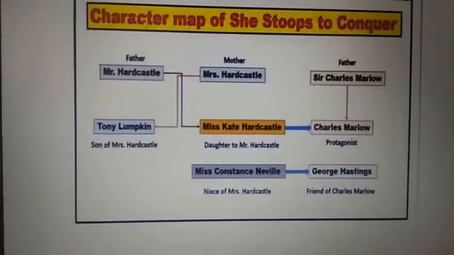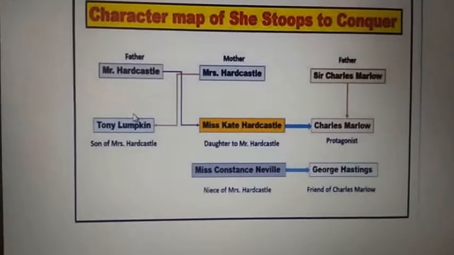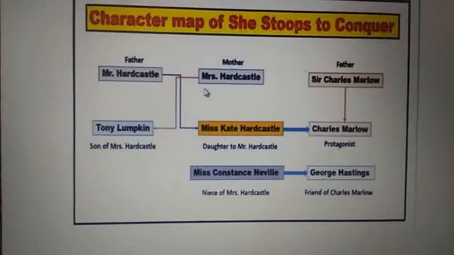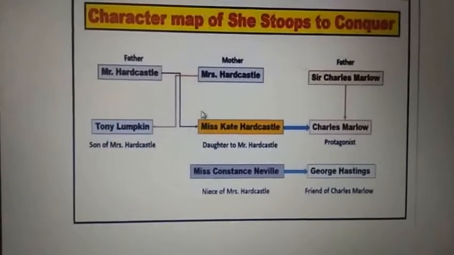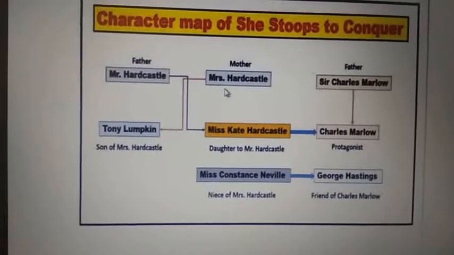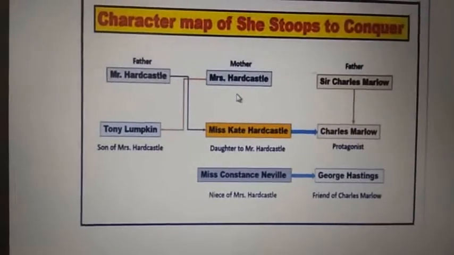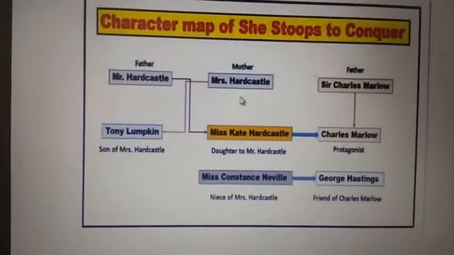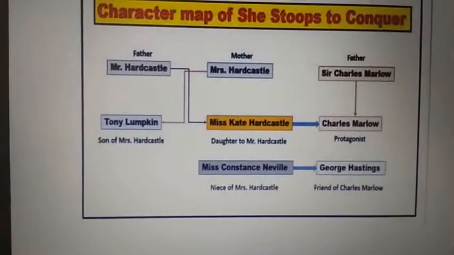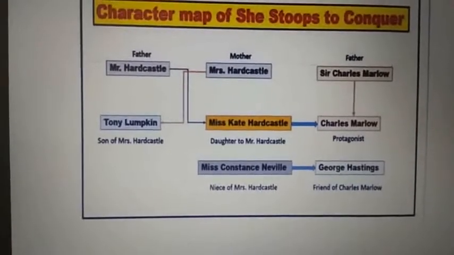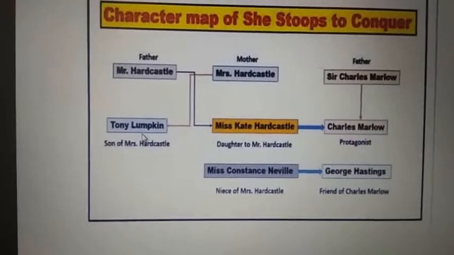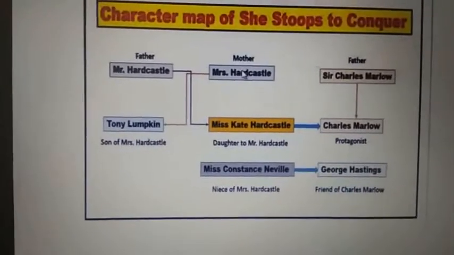Here, Mr. Hardcastle is stepfather of Tony Lumpkin, and Mrs. Hardcastle is stepmother of Miss Kate Hardcastle. These two characters are husband and wife. And Miss Kate Hardcastle is the daughter of Mr. Hardcastle, and Tony is the son of Mrs. Hardcastle.